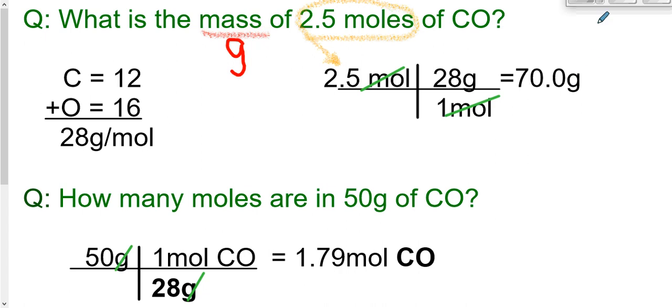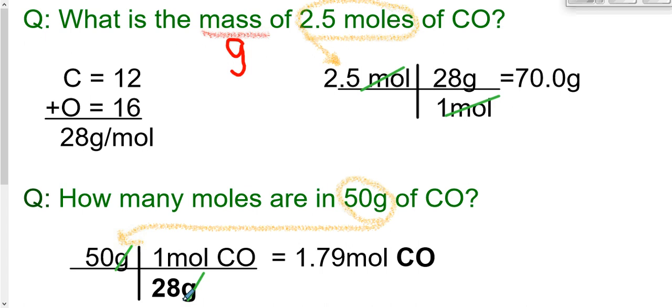How about if I want to go in the other direction? How many moles are there in 50 grams of carbon monoxide? This time, what we know is 50 grams. Again, we start with what we know. So I'm going to put 50 grams on my factor label line, draw a big long line, and cut that off. Then I'm going to put the units I'm trying to cancel on the bottom. So I'm going to write the word grams on the bottom, leaving a space for a number.